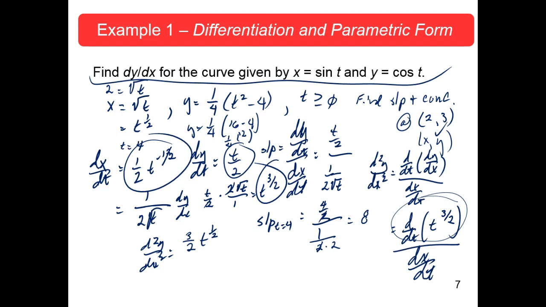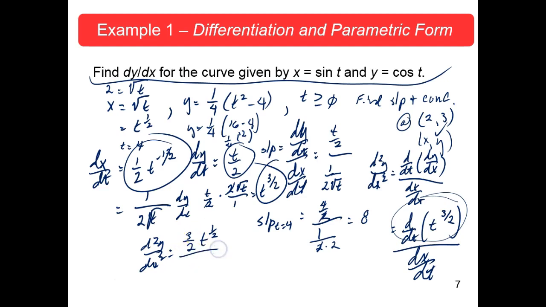You're taking the derivative of this thing. It was the power rule: 3/2 t to the, subtract 1, or 2/2, from that, you get 1/2. All right, so that's the numerator part.